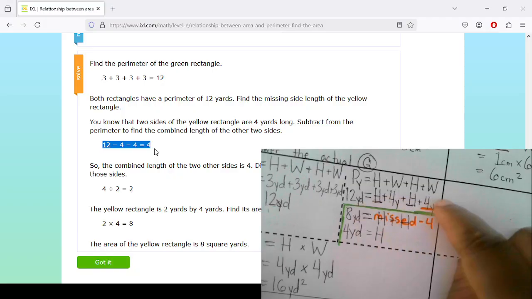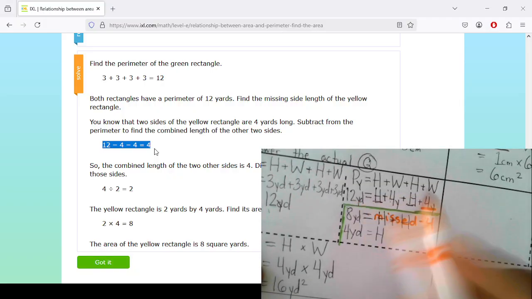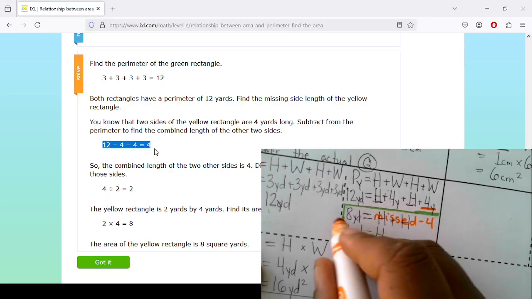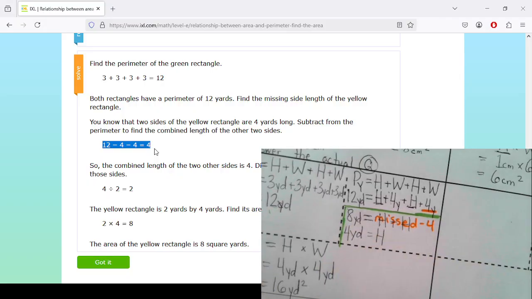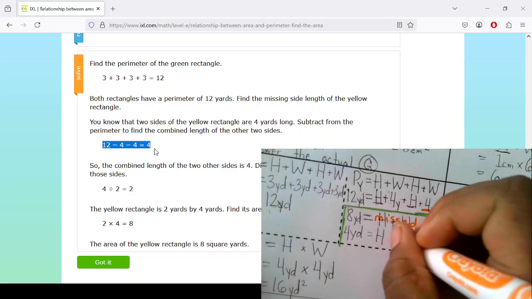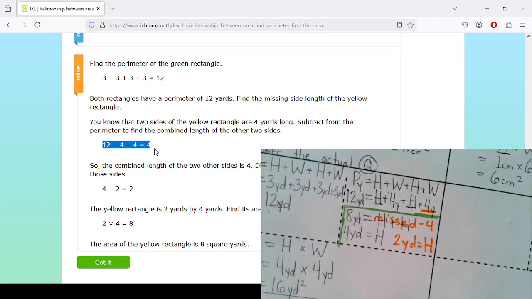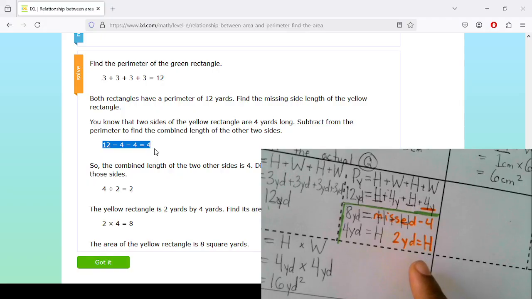If I had subtracted 4 here, then I would have gotten that 4 is equal to height plus height, which would have told me that 2 yards is the height. So I just figured out what went wrong, and I need to keep reading to see if that was my only mistake.